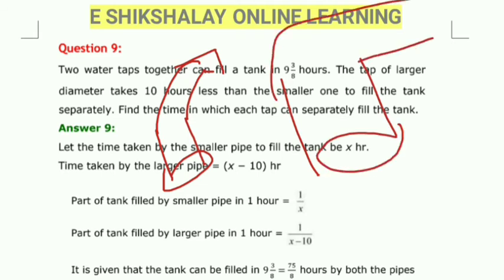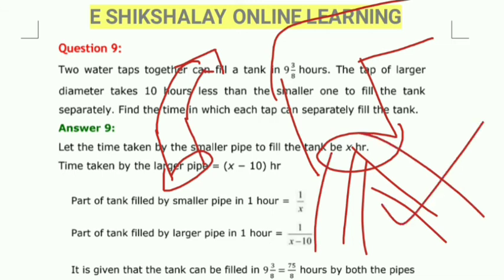So this is the larger diameter and this has a smaller diameter. These are two taps. It is saying that the larger diameter takes 10 hours less to fill the tank, and the smaller diameter obviously takes 10 hours more than the larger.